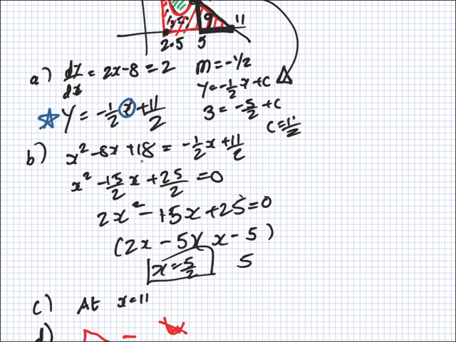It's a simultaneous problem, like the previous B6 question we did. I had y equals a linear, y equals a quadratic, and I made them equal. So I was solving for where they meet, which had the same effect as saying linear equals quadratic, so quadratic minus linear equals 0.